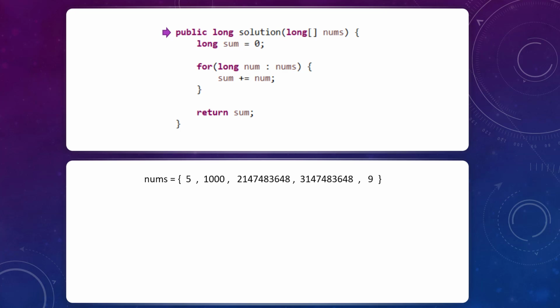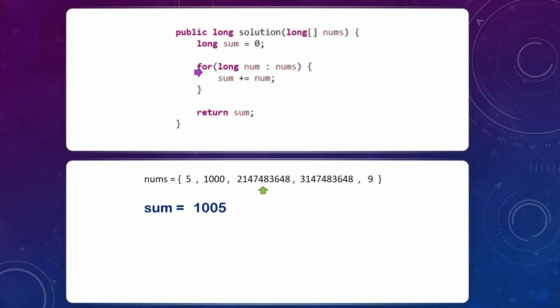Now we have this array. It is passed to our method, and we initialize our sum to 0. Now we go through the for each. We have a cursor at the first element of the array, and add it to the sum, so it's now 5. Then we go through the second element, which is 1000, and add it to the sum, which is 1005.